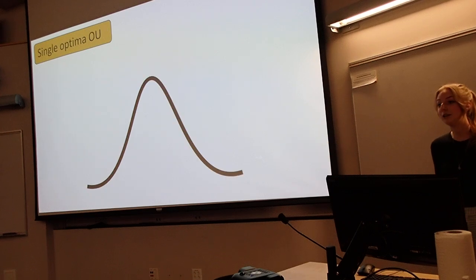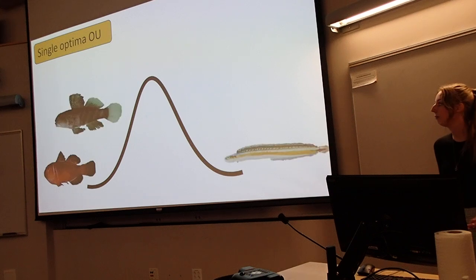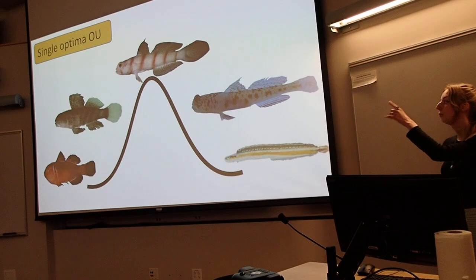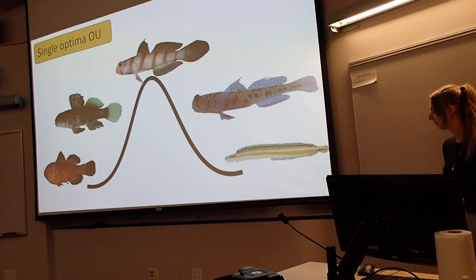But because we saw equal support for this single optima, that means all of your really diverse gobies, your regular gobies, your shrimp gobies, they're all evolving towards one optimized, perfect goby body shape. It just so happens that this really works for the shrimp gobies' relationship: whatever the all-goby optimum is, shrimp gobies can do that too and live in this burrow.